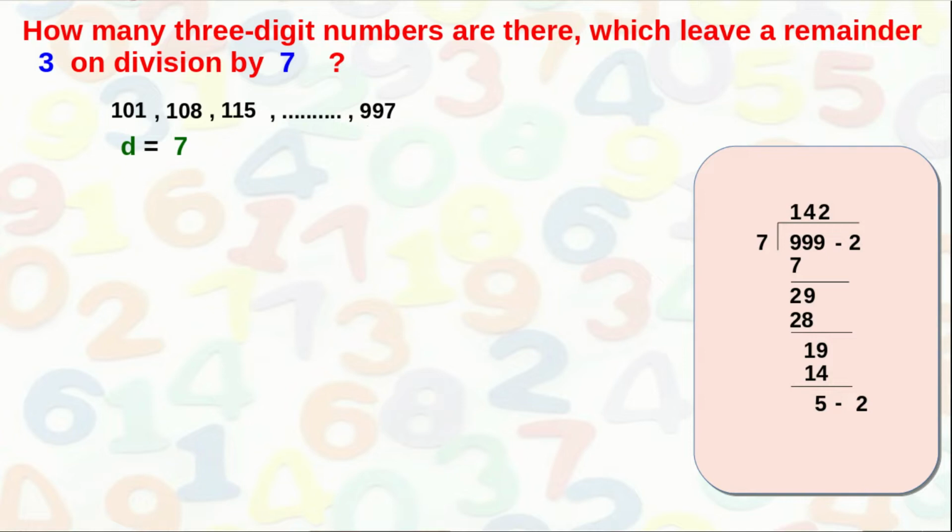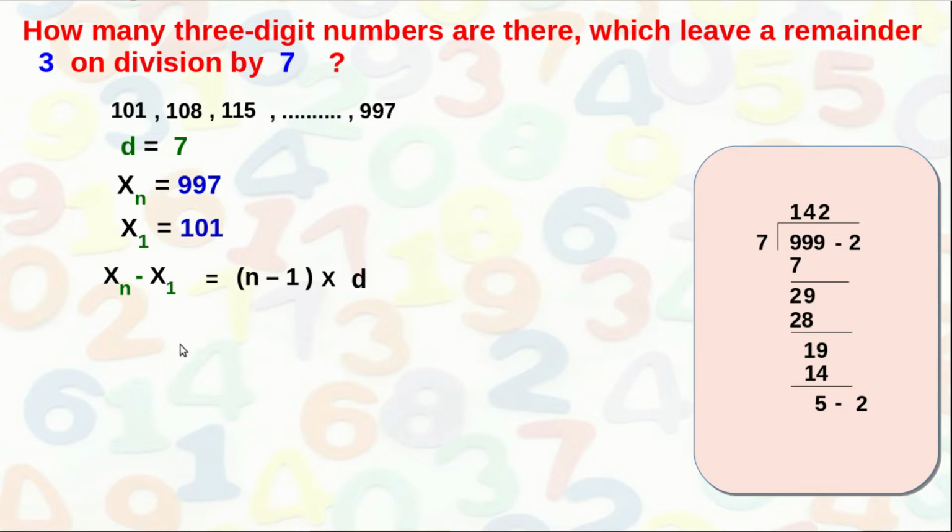Let the position be n, or in other words, xn is equal to 997. The first term here is 101. We have the term difference xn minus x1 is equal to position difference n minus 1 into the common difference. That is, n minus 1 is equal to xn minus x1 divided by d.